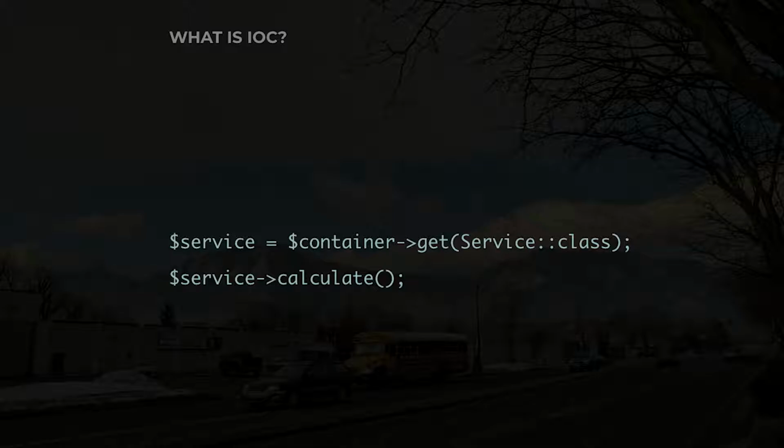The service container would be capable of newing up this service class and do everything it needs to, which was going into the init function first, but then inject all of that stuff and make sure that the calculate method works without having to do all of the setup stuff inside the service class. So that is inversion of control. Instead of the service class doing all of the stuff to set it up, the container will do this. The container will create everything that's needed to make this service class work.